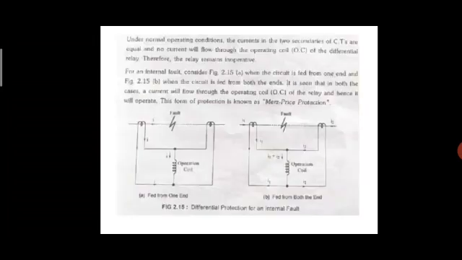Under normal operating condition, the currents in the two secondaries of the CTs are equal and no current will flow through the operating coil OC of the differential relay. Therefore, the relay remains inoperative.